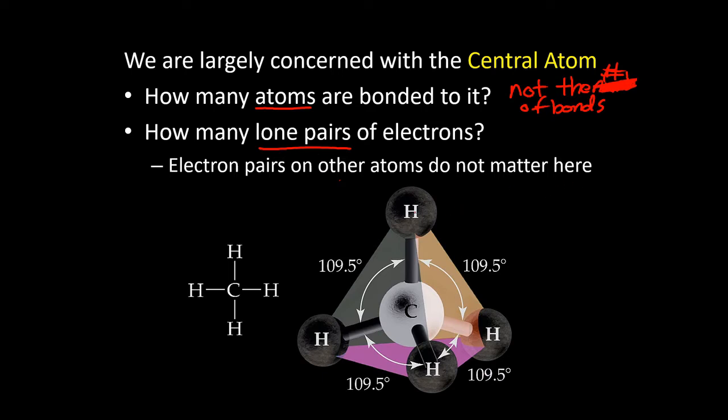And if one of these was chlorine instead of hydrogen there, and the chlorine had its own 3 lone pairs, couldn't care less. We do not care about those lone pairs. Only lone pairs on the central atom, not the rest.